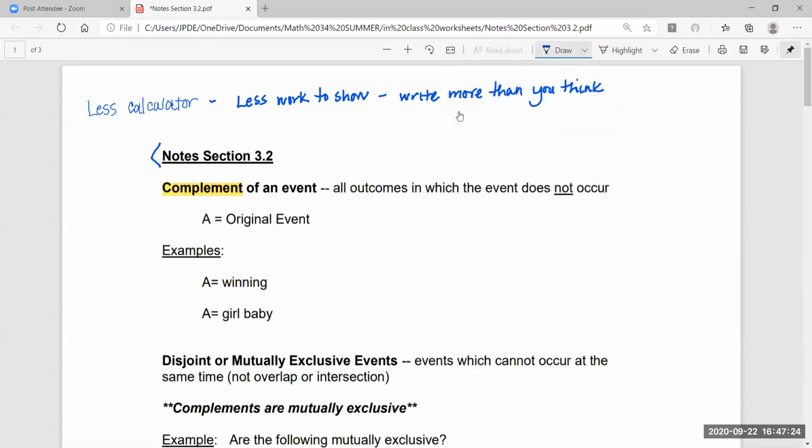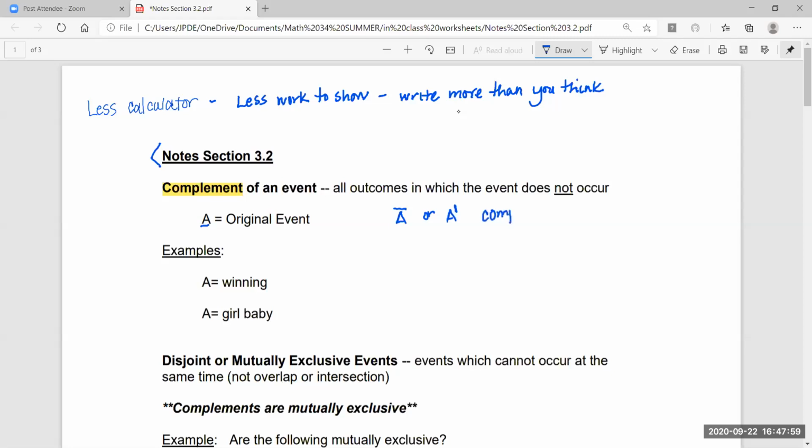The complement of an event is all the outcomes in which the event does not occur. So we typically use A to represent our original event, and some books will use A with a bar over it to represent the complement, or our book uses A with a little apostrophe, or we say A prime, to represent the complement.